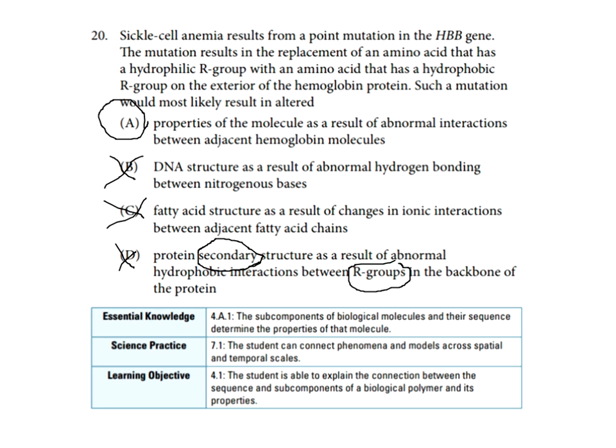So it is going to be A. So the mutation is going to result in altered properties of the molecule as a result of abnormal interactions between the adjacent hemoglobin molecules, which makes sense because they do form these thick lines and stretches of molecule that are real thin strands in between the hemoglobin molecules in the cell, which is what causes that sickle form.